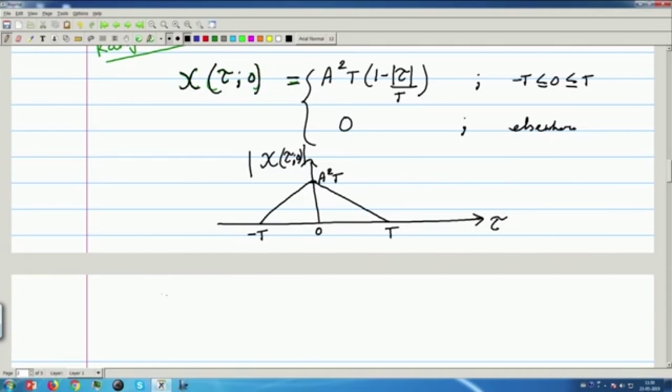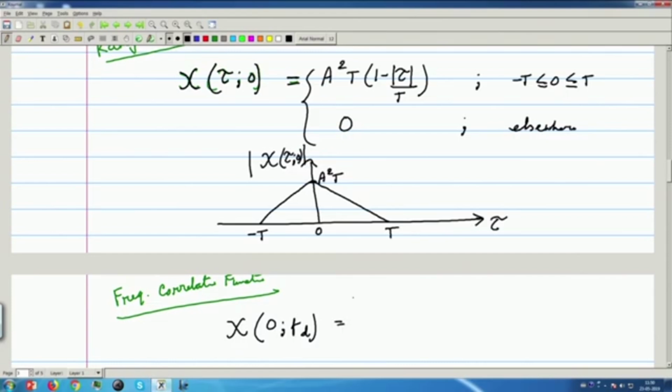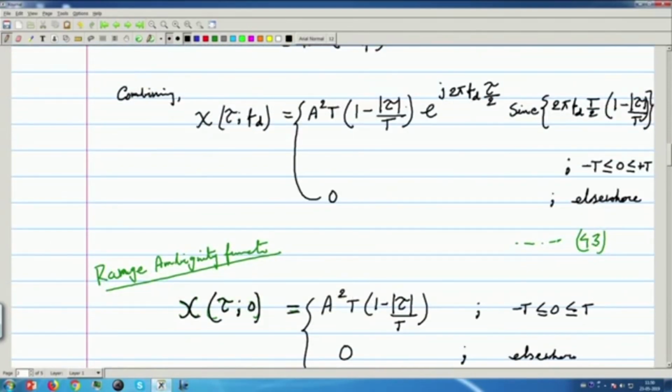Frequency correlation function. For that, in the ambiguity function, I will have to put the delay part 0, and it will be a function of f d only, and from the expression you can see what it is. Here tau is 0, so it is s square t into, again here you put tau 0, so this is again 1, and here you put tau 0, so it is a sinc function.